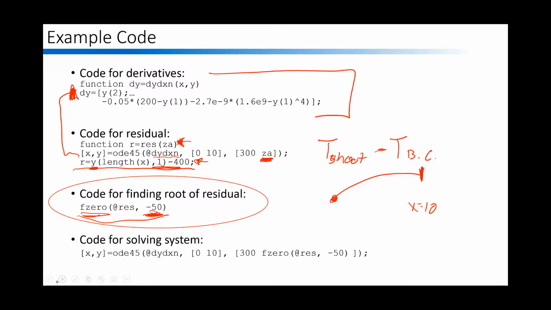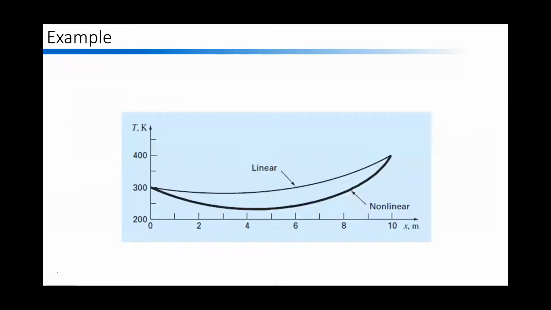Once I have that Z, I can go ahead and use my ODE solver to determine what that equation looks like using the value that comes out of that root finding method. So it's going to minimize that and give me the answer. Okay, and so it just wraps everything up nicely. We can see that nice nonlinear solution.